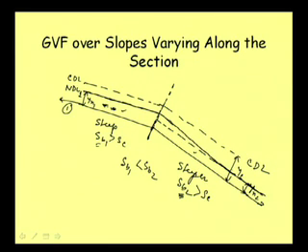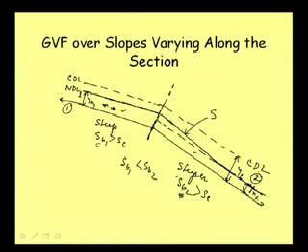Well, that means what we have seen, if we try to name this profile, this is our steep slope, so it will be S, and then it is in zone 2 because it is between critical depth and normal depth. This is normal depth here.